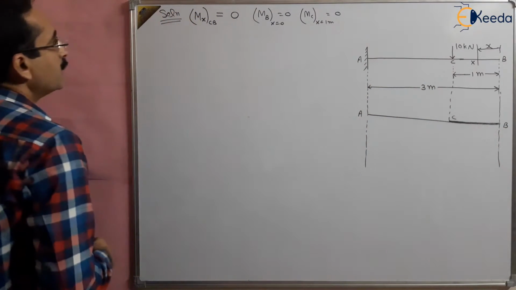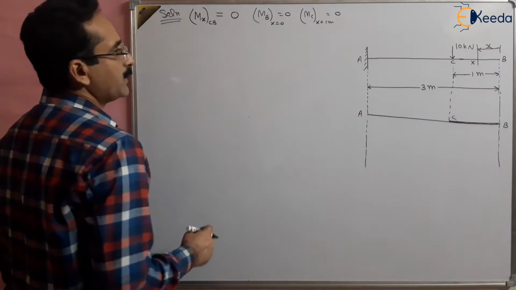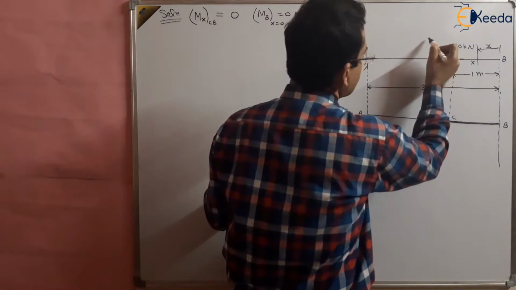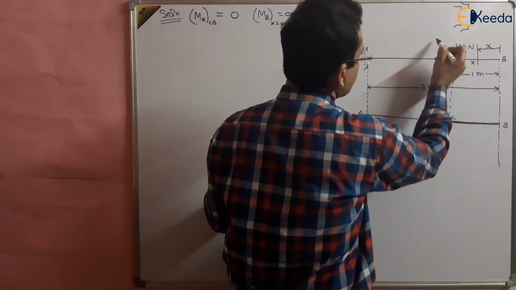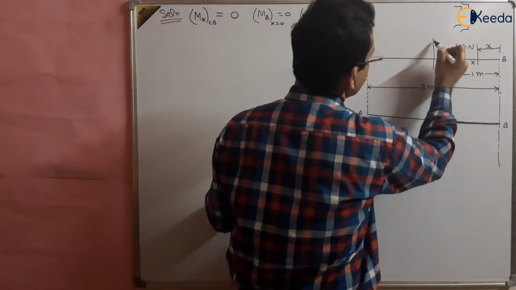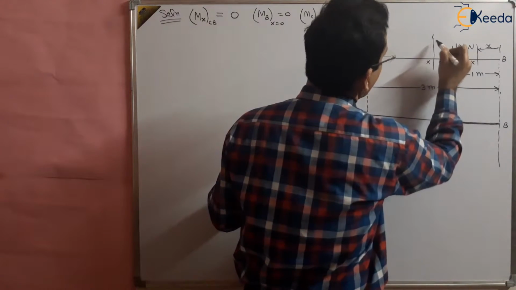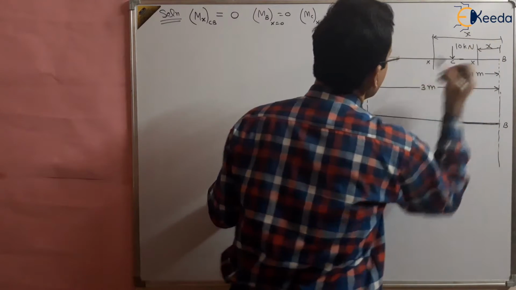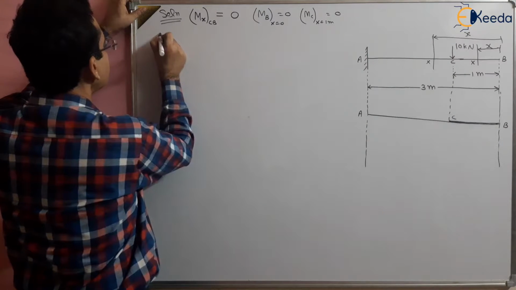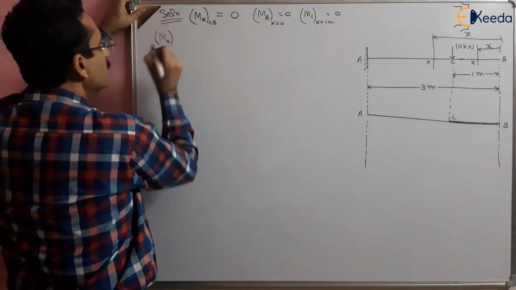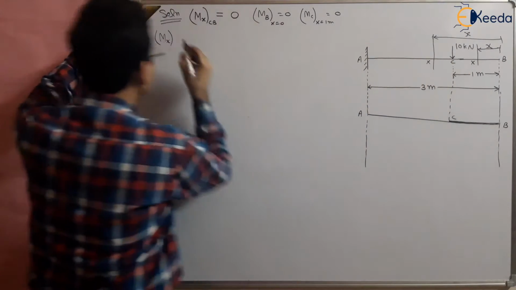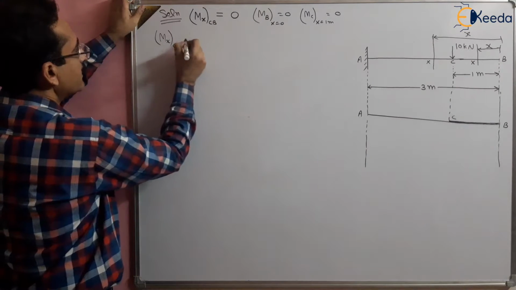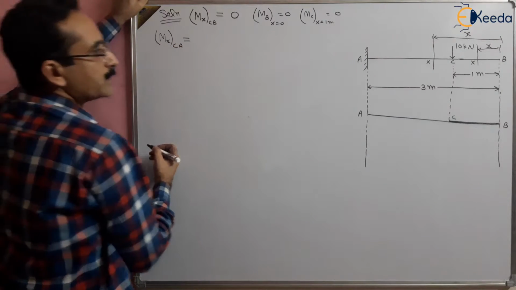Next, we have to find the bending moment by taking a section between C to A. So let us take a section here, and the section name is again x. So we are taking again Mx, which is valid between C to A, and that will be equal to the load.